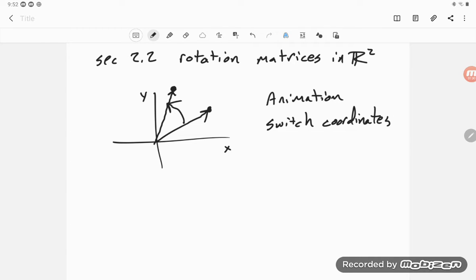So, for instance, I may want to get the area of an ellipse. That's actually something I'm very interested in right now. And if the ellipse is oriented like this, I can get the area of that ellipse pretty easily.